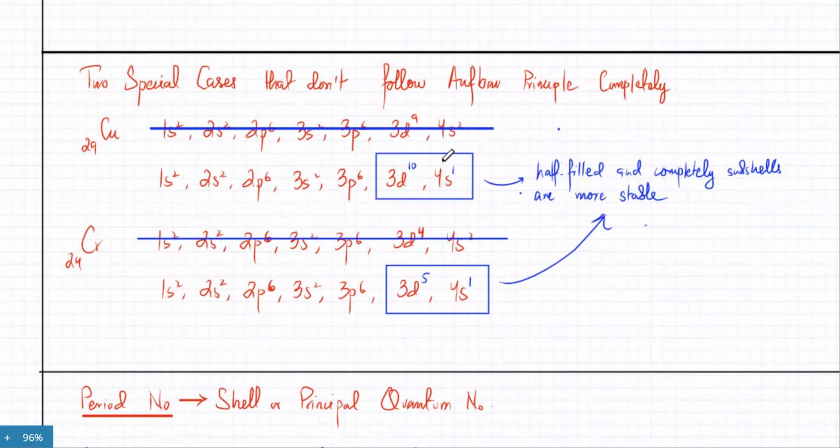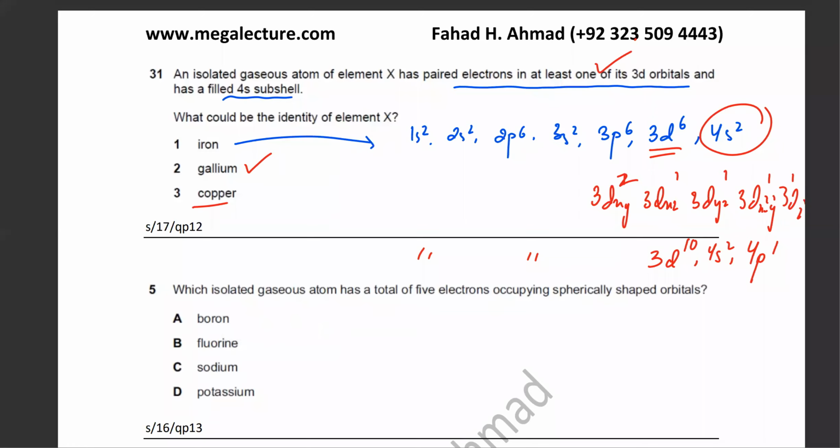They almost follow it, except that at the end, instead of being 4s2 and 3d9, it's actually 3d10 and 4s1, which is why this can't be correct, because he said that the 4s was filled, and in this case, it's not filled. So for copper, the 4s is not filled. It should have a filled 4s subshell, which in this case it's not. So only 1 and 2 are correct for this.